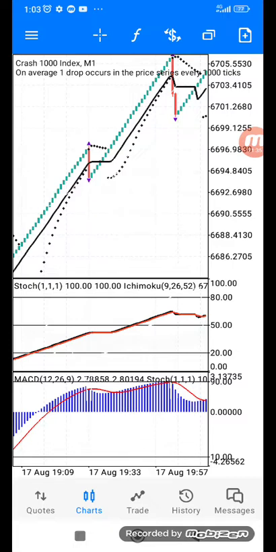Once you're able to establish that, wait for the spike if you are trading Boom, a spike up above the Ichimoku line. And once the spike happens, wait for a bearish retracement to touch the Ichimoku line on the main chart.